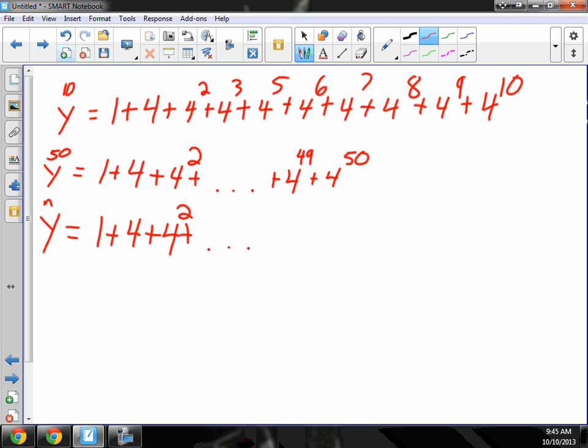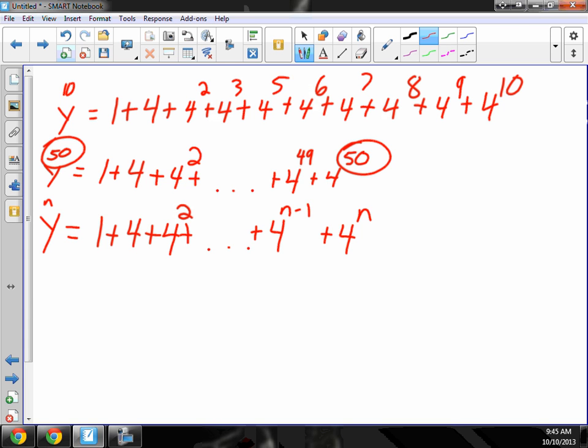Good job. So my last one is 4 to the n, because this value and that value match. And then what's going to come before n? 4 to the n minus 1.